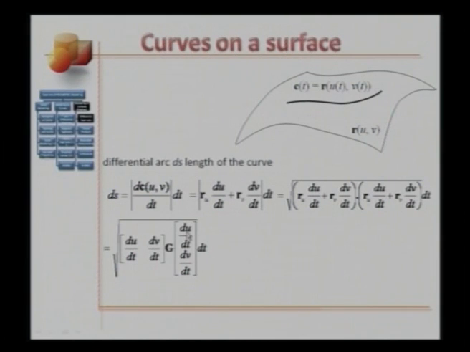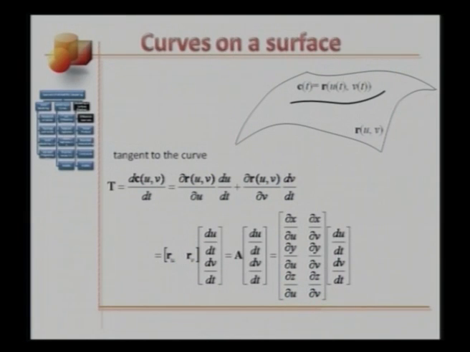The rest of the expressions remain there. As I said, G is this 2 by 2 matrix with ru dotted with ru, ru dotted with rv, rv dotted with ru, rv dotted with rv as 4 elements. Recall from our previous discussion what A was. In terms of A, G can be written as A transpose A.